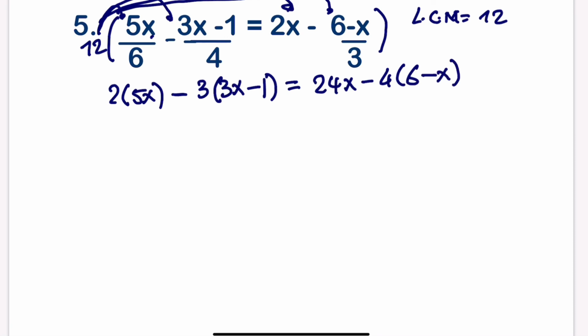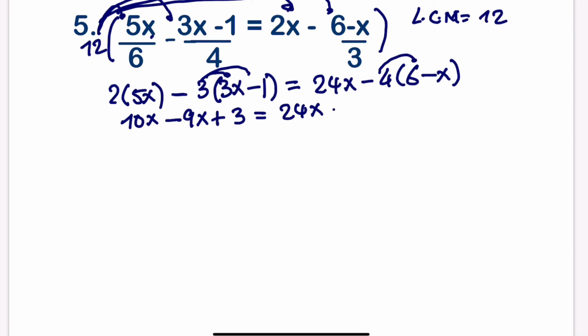The next thing to do is to open the bracket. So if we multiply this, we have 10x. If we open this bracket, this will give us minus 9x. Minus times a minus is plus 3. You have to be very careful when you open the bracket. Then here we have 24x.